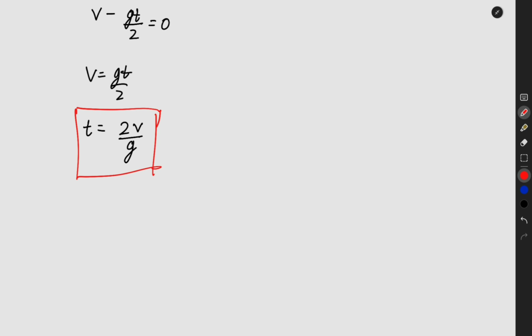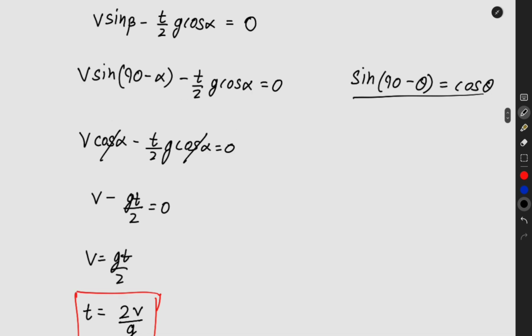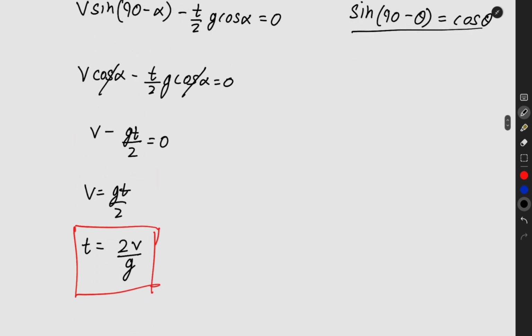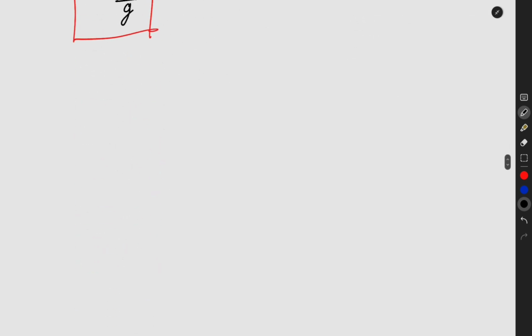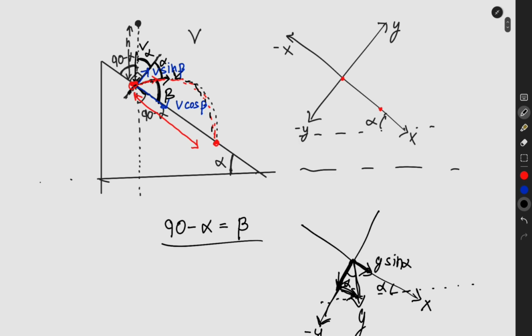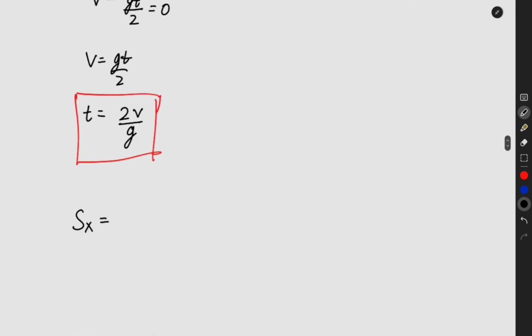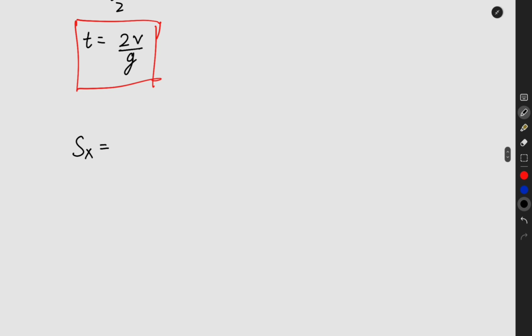And now we just need to find out how much the ball has traveled during this time period in the x direction. So we just need to apply this same equation again, but now in the x direction. So sx, now sx in this case is not known to us. In the previous case, sy was known because the ball just rebounds back, so it should be 0. But right now, we want to calculate the value of sx.